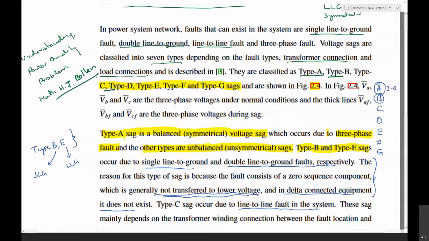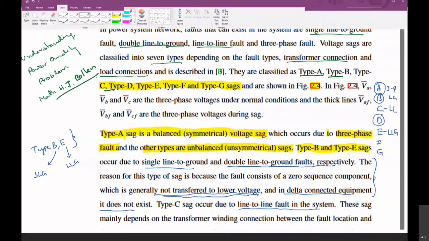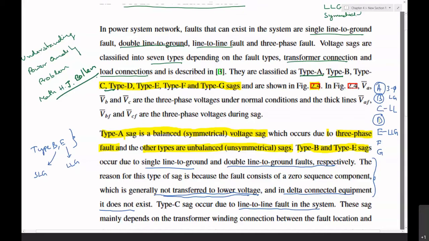B is a line to ground fault, whereas the E fault is an LLG fault, whereas type C is a line to line fault. Then what about D, and then F and G?